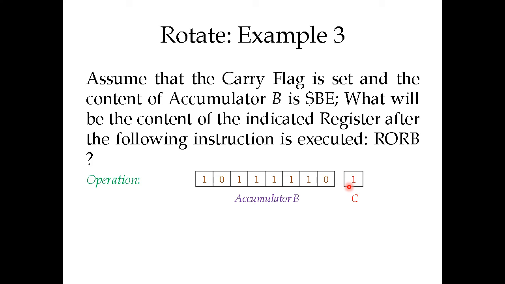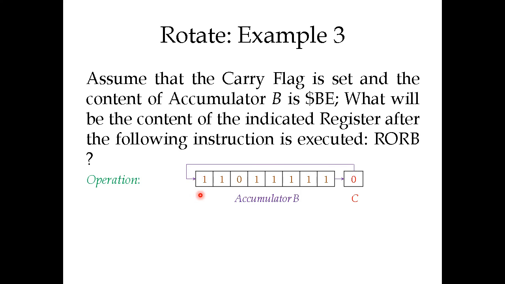Now, to start the rotation, this is how it will work. We push every single bit one position to the right, and the very least significant bit here goes to the carry, and the carry goes all the way to the beginning, because it is a rotation. So let's try that. The rotation is done.